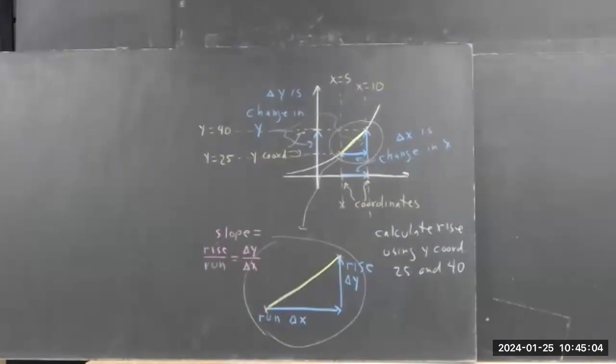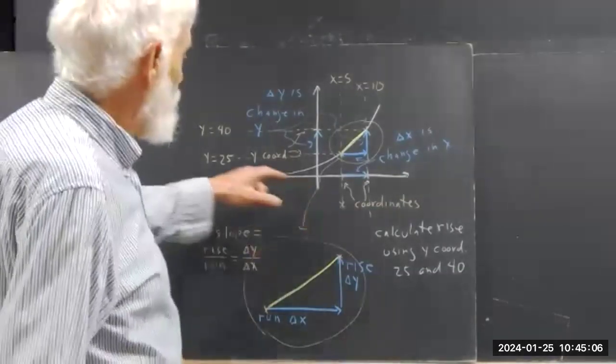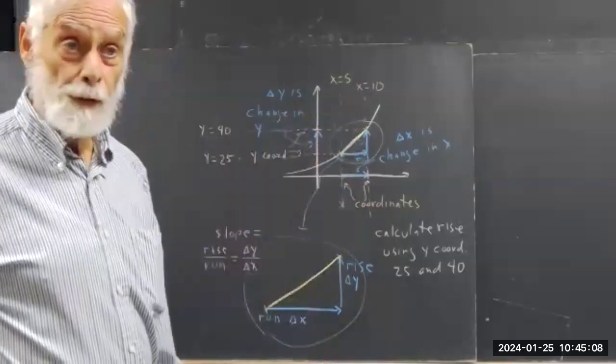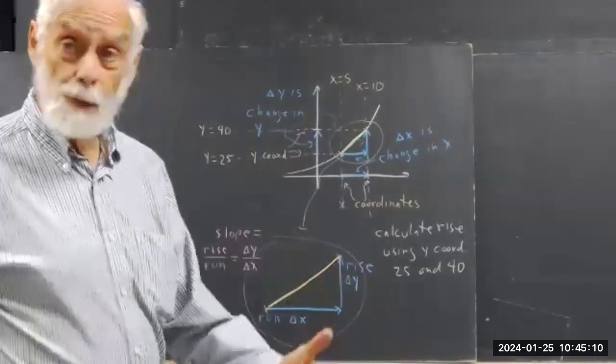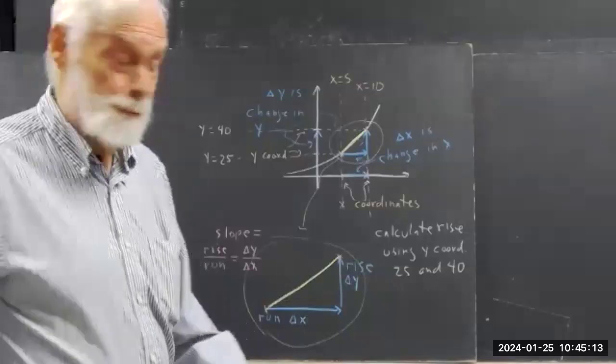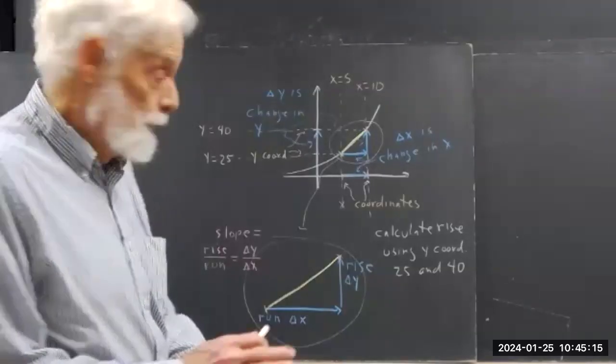Well, if you think about it, it should be pretty obvious that this arrow goes from 25 to 40. How far is that? 40 minus 25, right?